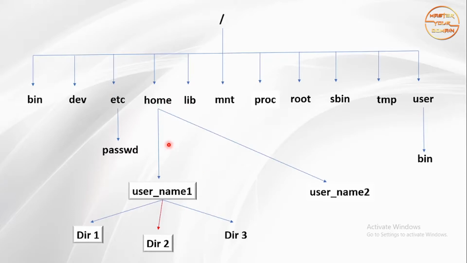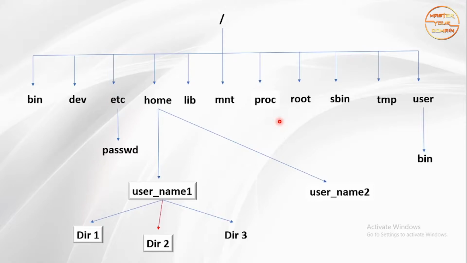Now as you can see here, under home there is a directory named username1, which must be the username of some particular user, and there is another directory named username2. And there can be multiple such directories because Unix is a multi-user system. Fine. Now in this file hierarchy you can roam anywhere you like with a command named cd.